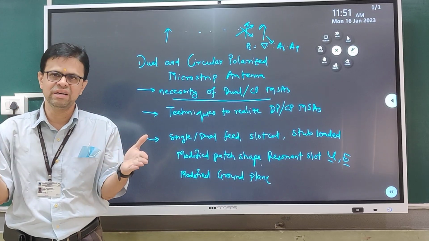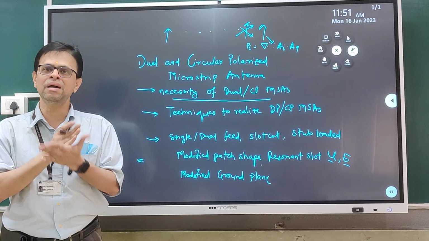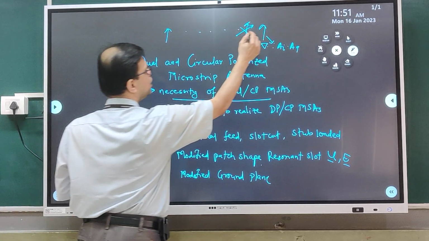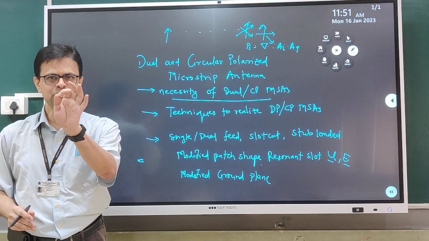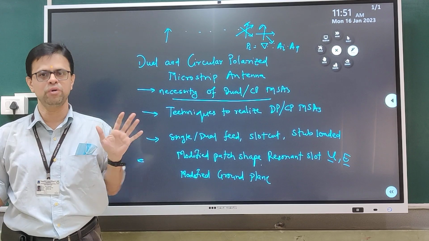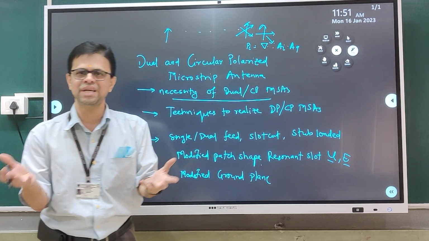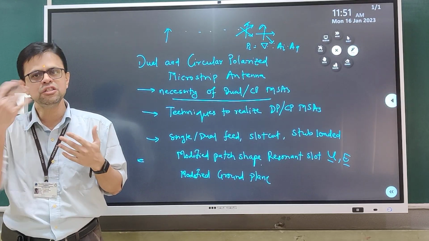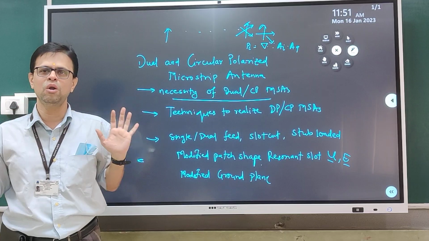And if the vectors are not matched, if the vectors are at some angle, or if the vectors are orthogonal, meaning perpendicular, then naturally the dot product will result in a zero or minimum component. Because what is dot product? It is the product of the magnitudes of the two and the cosine of the angle between the two vectors. So if that angle is more, that means the vectors are misaligned, you will get a signal loss.